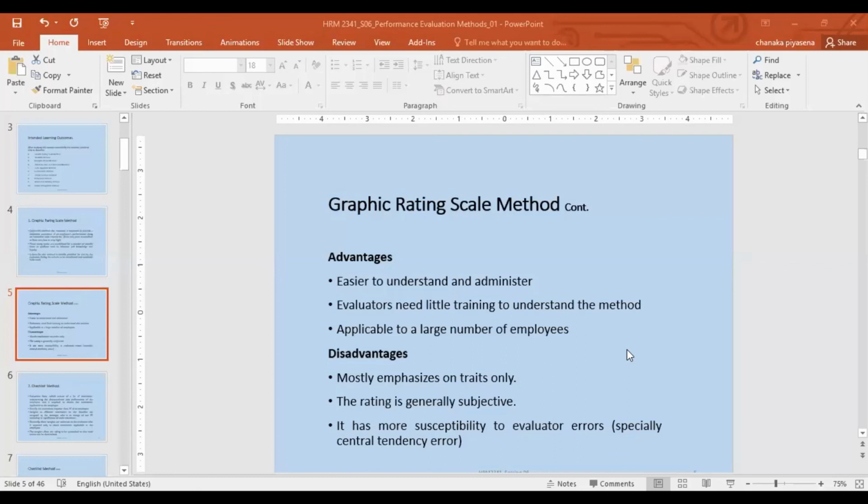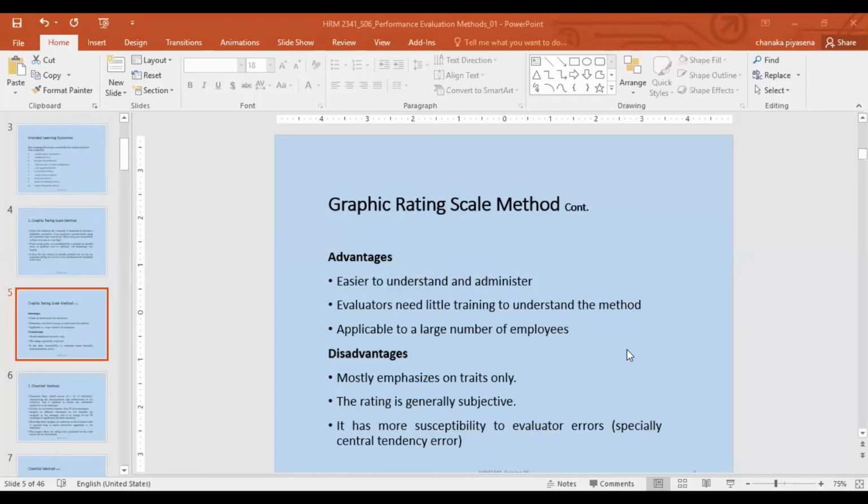When we move to the advantages and disadvantages of the graphic rating scale method, these are the basic advantages and disadvantages. The first thing is that it is easier to understand and administer. It is very easy to understand because the role of the evaluator is at a minimum level.